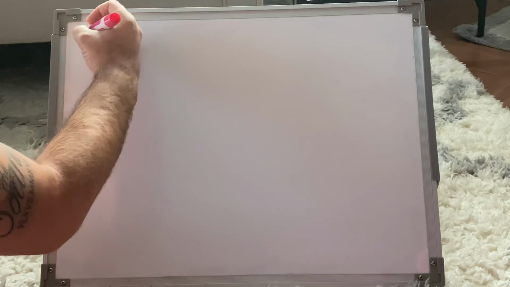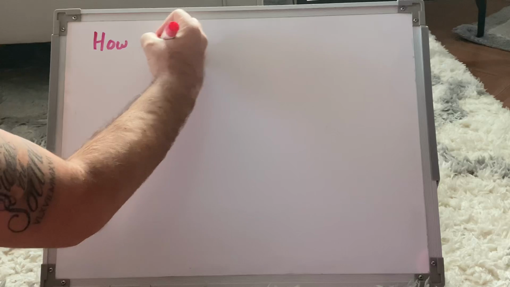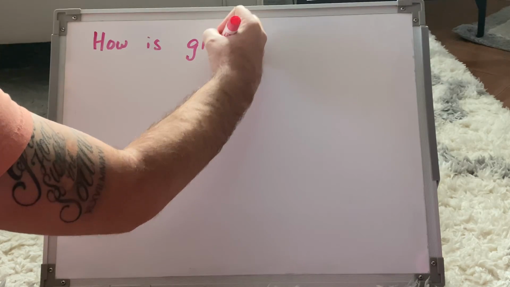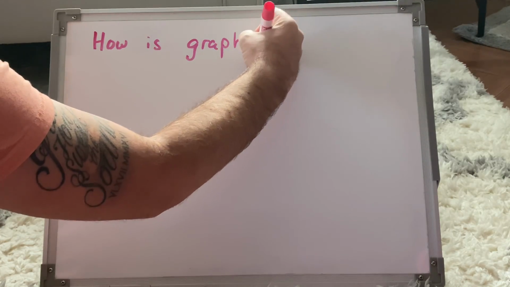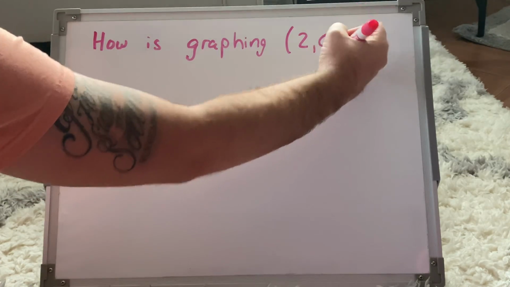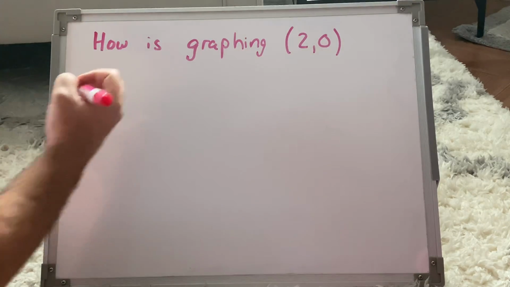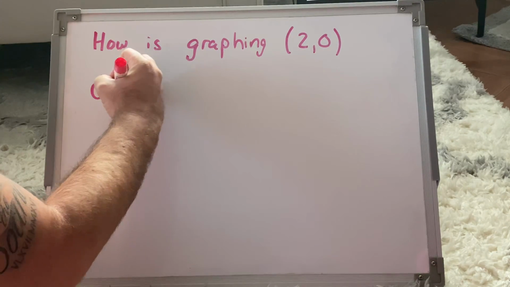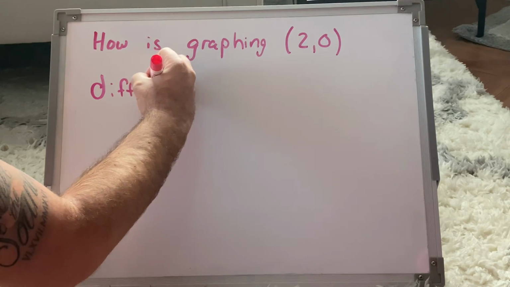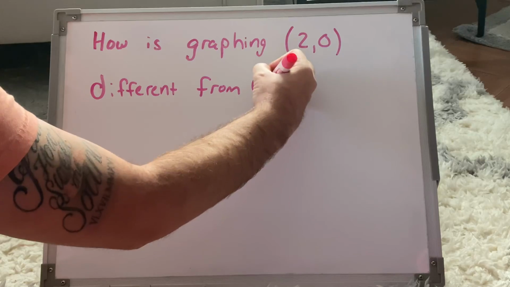I want you to think about this question. How is graphing (2, 0) different from graphing (0, 2)?